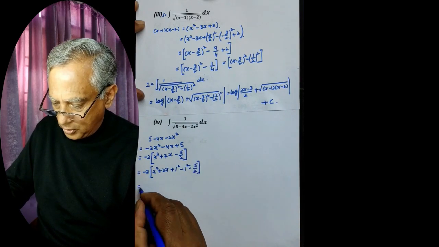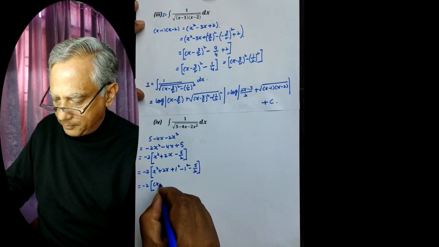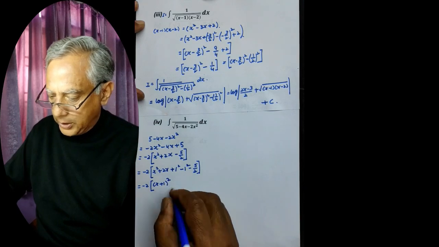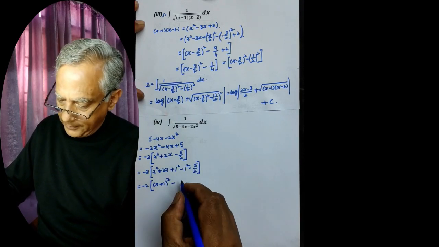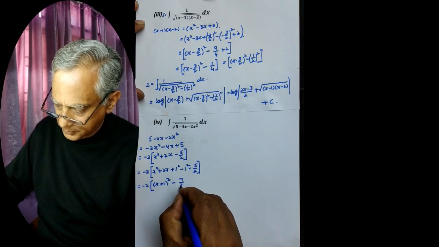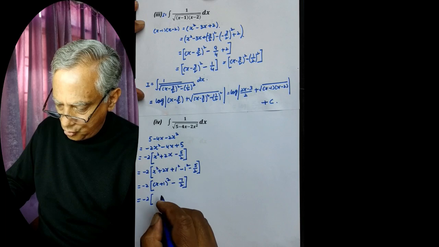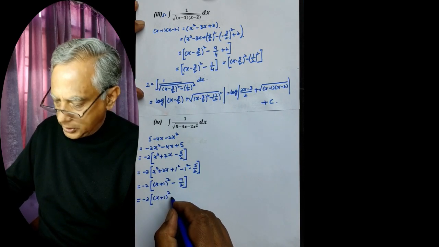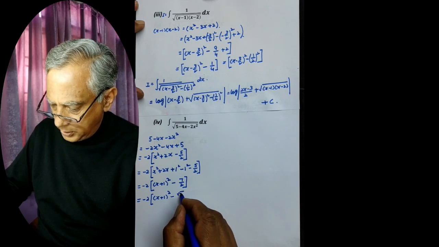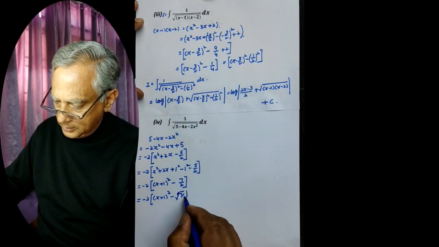So this is equal to minus 2 into integral of x plus 1 whole square minus, this will be 2 minus 5, 7 by 2. This will be 7 by 2, and this can be written as minus 2 into integral of x plus 1 whole square minus root 7 by 2 whole square.